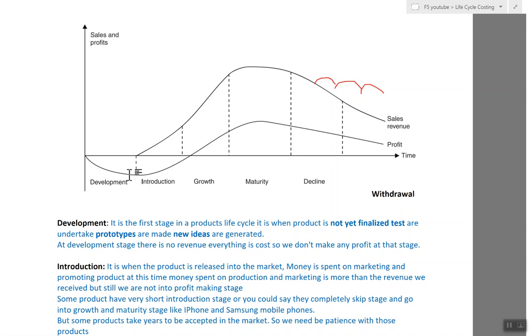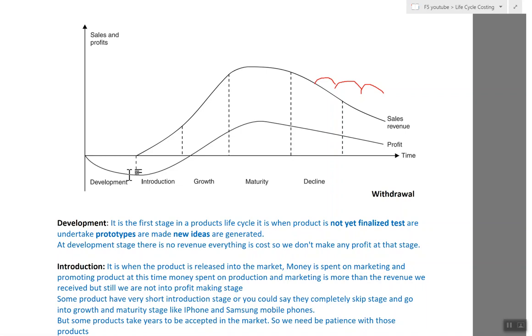A very good example where I will compare life cycle costing is to a tree. For example, you have a tree, maybe an apple tree or mango tree, whatever it is. Initially, you will not expect it to give you fruit in the first year maybe, but later on, in the later life of the tree, it will start giving you fruit.